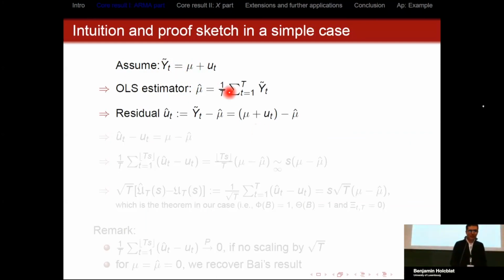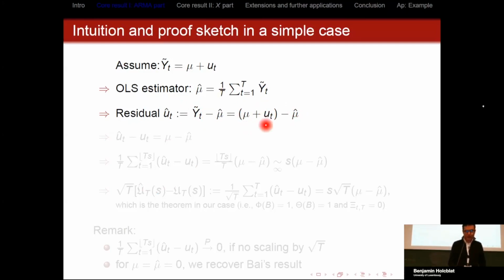It's just the realized value minus the predicted value. And here the predicted value is just mu hat, so it's just the average. And if you now replace y tilde t by its actual value, it's mu plus u_t minus mu hat. Everybody agrees with that?